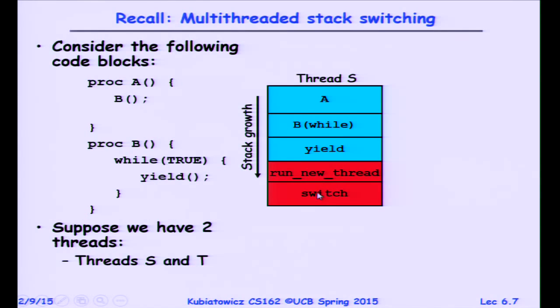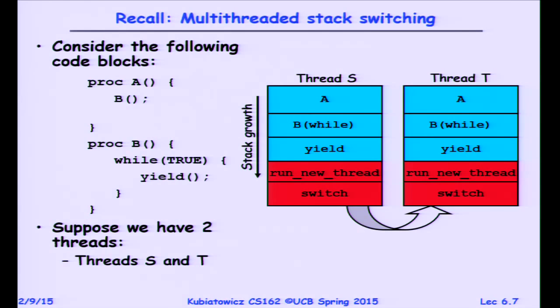Okay, and what switch does is switches the registers from thread S to thread T. Okay, and what does that mean? It saves all of S's registers, including the stack pointer. It loads all of T's registers, including the stack pointer. And the moment that switch loads all of T's registers, including the stack pointer, suddenly we're in the context of T, not of S. It's as simple or as complicated as that.